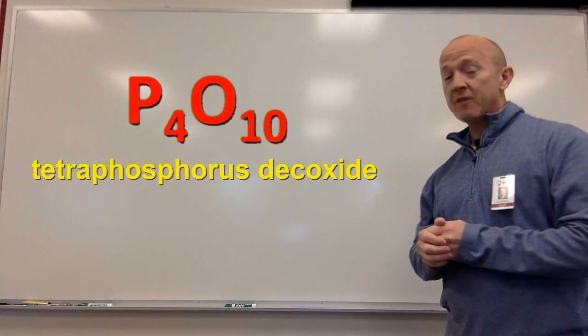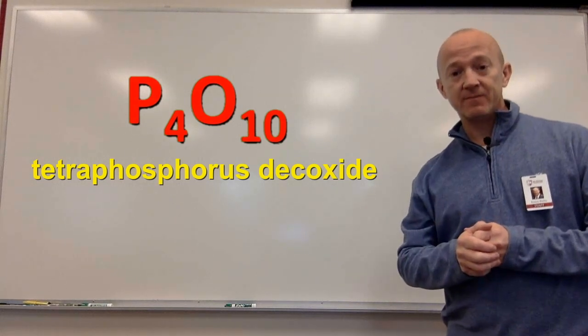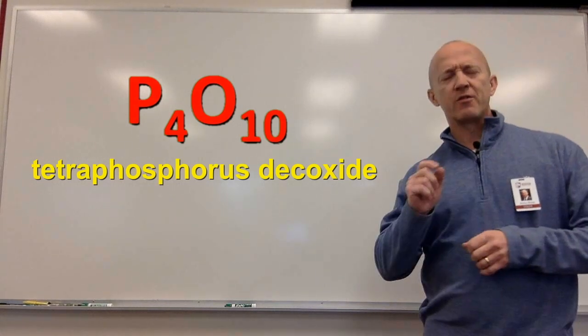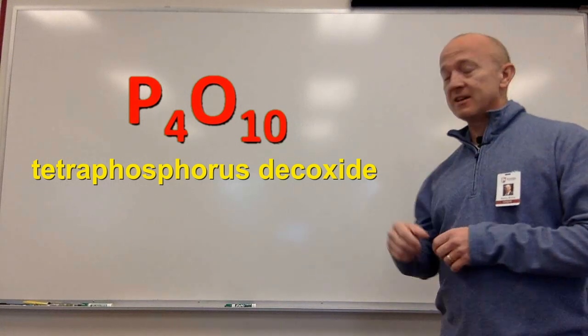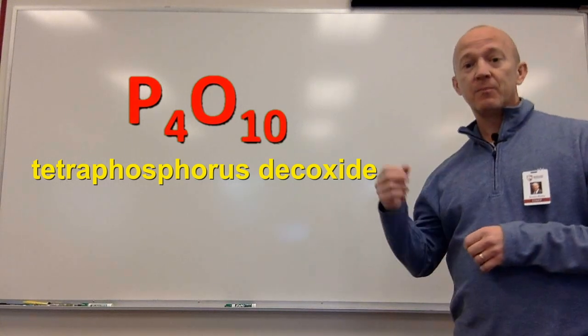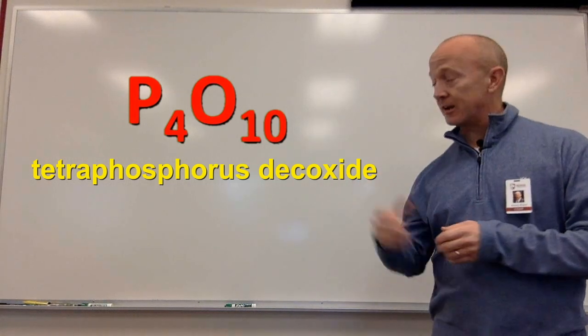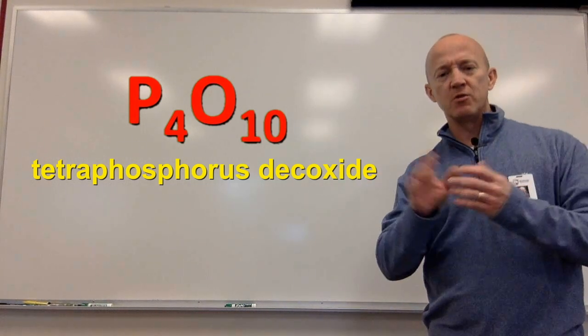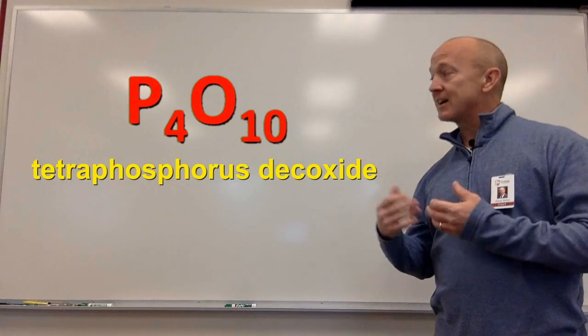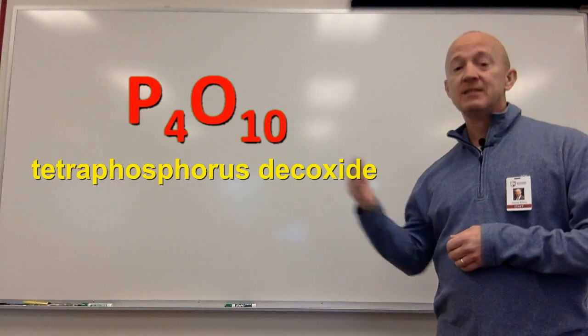Right, tetraphosphorus decoxide. You getting the idea? One other thing to note. If your prefix has an A ending, like penta or tetra, and the root of your second element has a vowel ending like oxide, you can just blend those together. We don't say decaoxide, we just say decoxide.